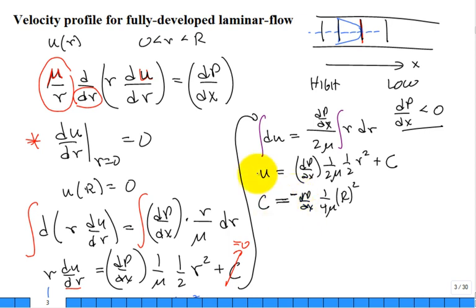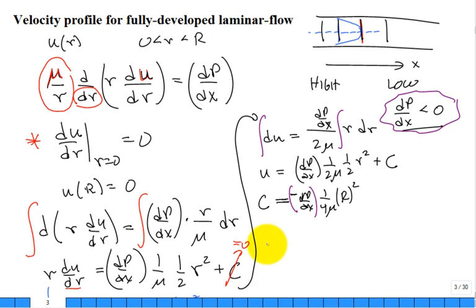And as soon as I have that negative sign, I like to lump it with dp/dx. Then I know that negative dp/dx is a positive entity. This is a review of fluids, but this is a negative, so I keep the negative with the dp/dx. Your choice, either one.